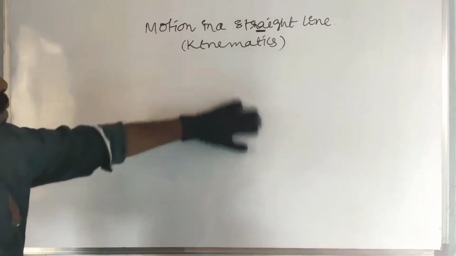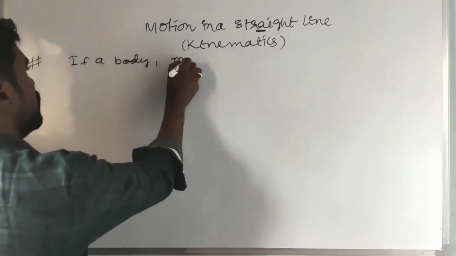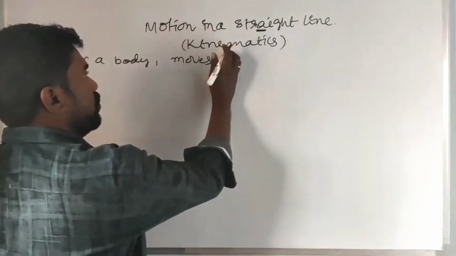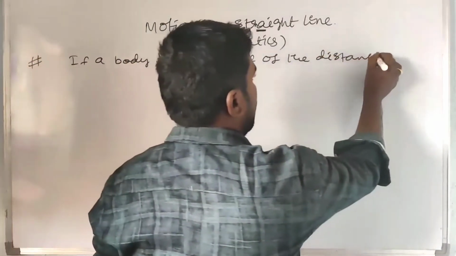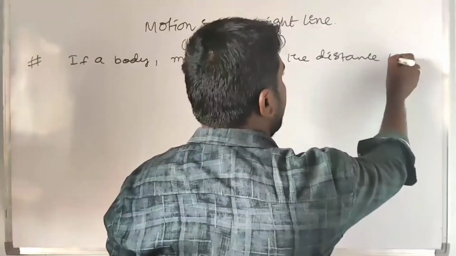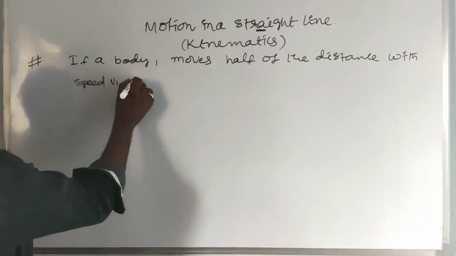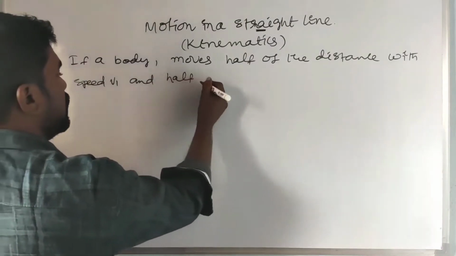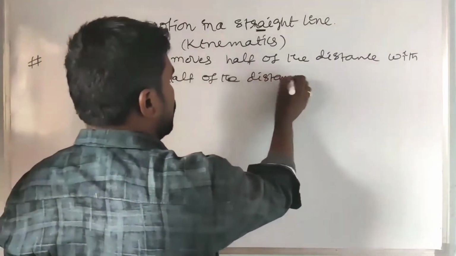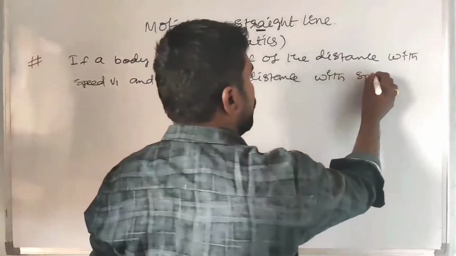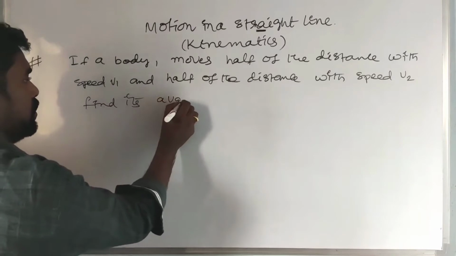So let us see. If a body moves half of the distance with speed v1 and half of the distance with the speed v2, find its average speed.